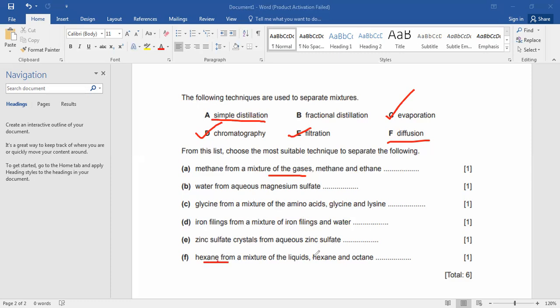Hexane from a mixture of liquid hexane and octane, which means these two are liquids, right? Liquids, in the sense, we have to use boiling point. Hexane has 6 carbon atoms and octane has 8 carbon atoms. It's well known that octane has more Mr value, which means it has a different boiling point. So you can use fractional distillation, right?